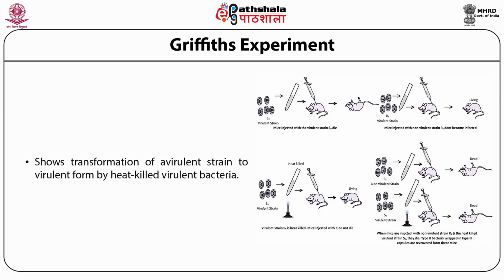The avirulent strain got changed to the virulent strain by the heat-killed virulent bacteria, wherein a double injection of the rough colony and the heat-killed smooth colony bacteria led to the mice being killed, and the virulent bacteria could be recovered from the dead mice. Therefore, the characteristics of the bacteria can thus be changed.